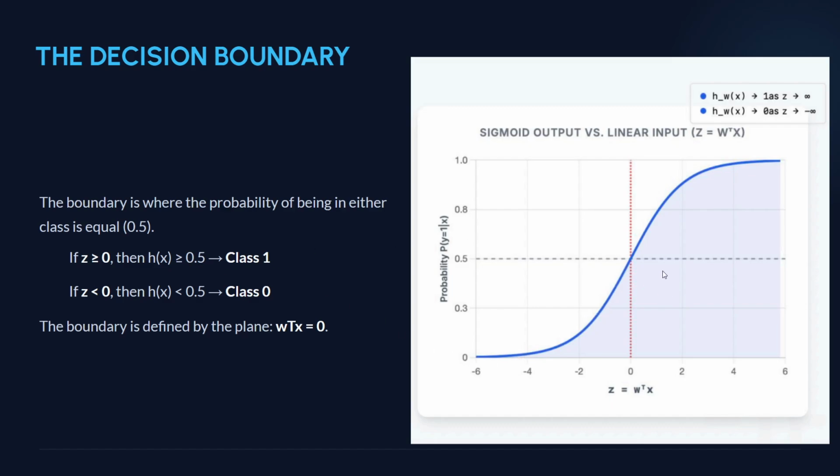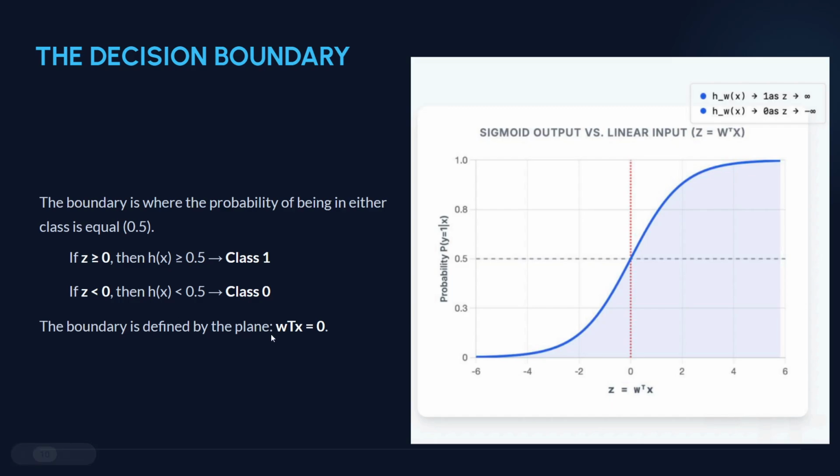So we will make this 0.5 our threshold. After calculating the sigmoid of the value, if it is 0.5 or greater, we will say that it belongs to class 1, and if the sigmoid value is less than 0.5, we will say it belongs to class 0.